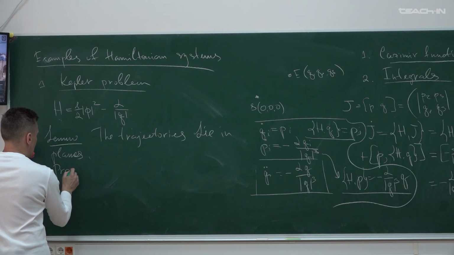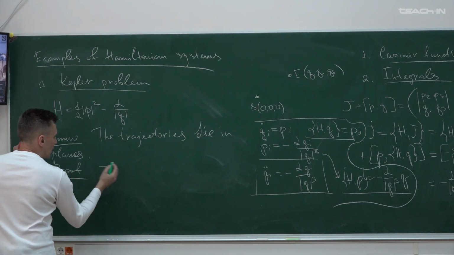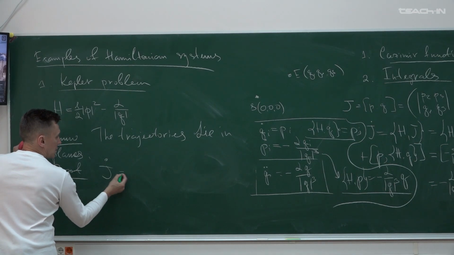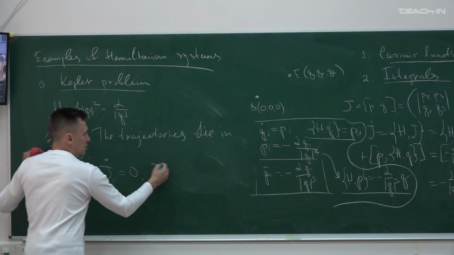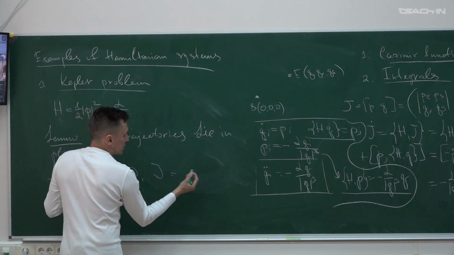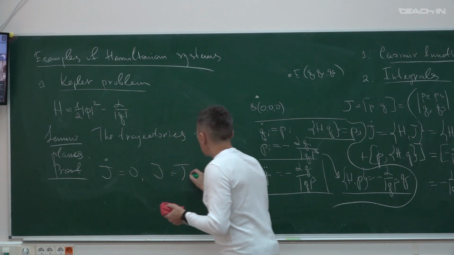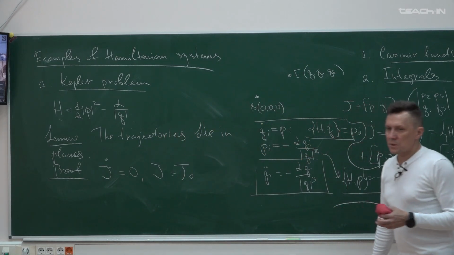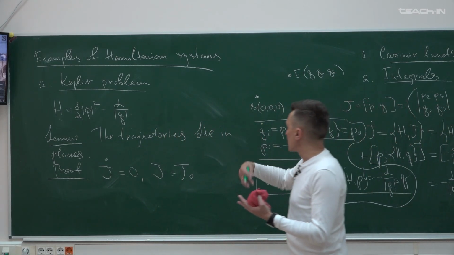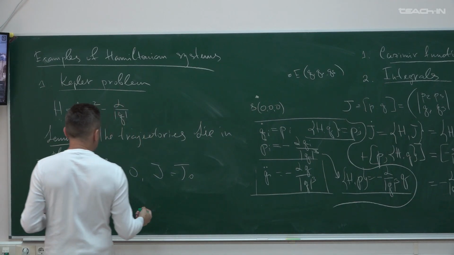Proof. J dot is 0. So J is a constant, J0. So it doesn't depend on time along the trajectories of our system.